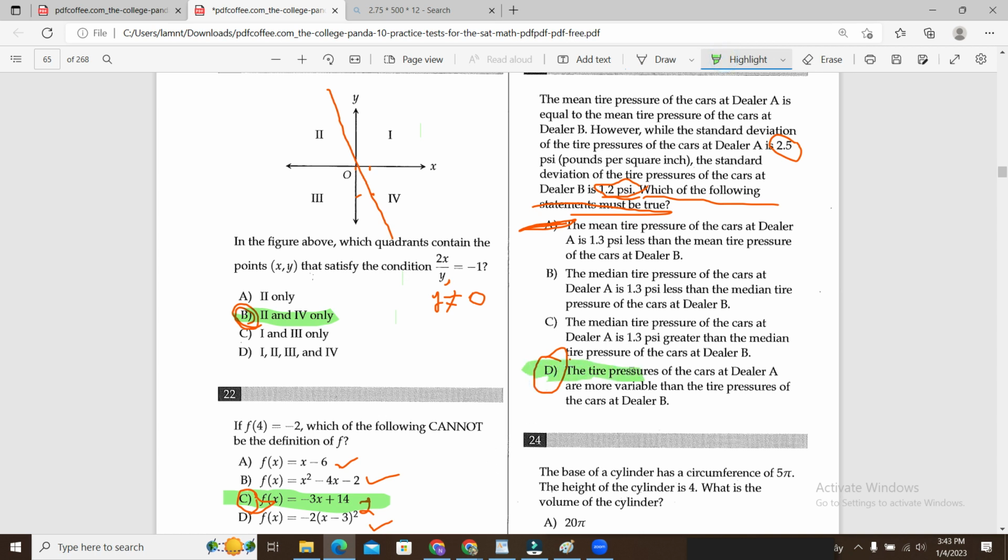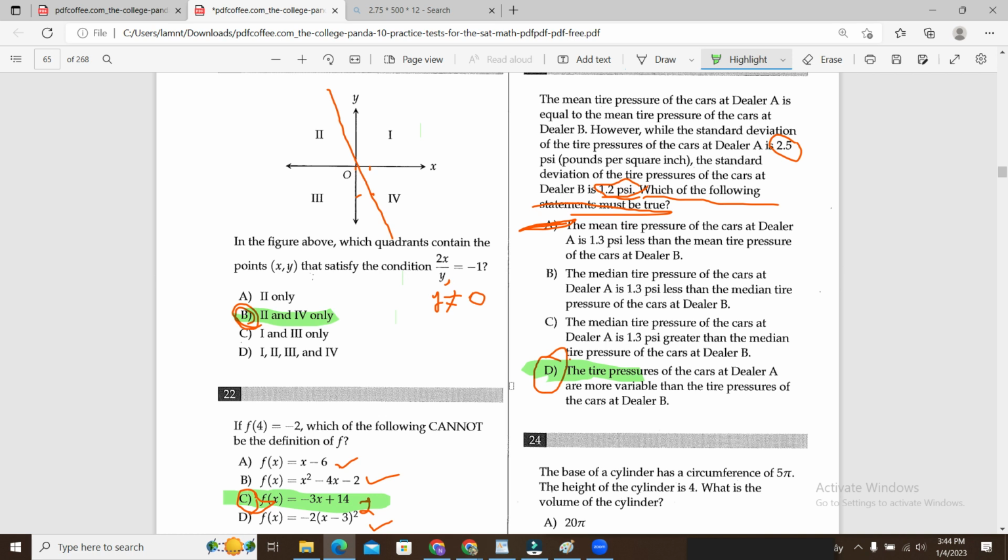But why did I cross out B and C? Because B says the median of A is 1.3 less, and C says the median of A is 1.3 greater. However, we are talking about the standard deviation, so the standard deviation and the median are not related.